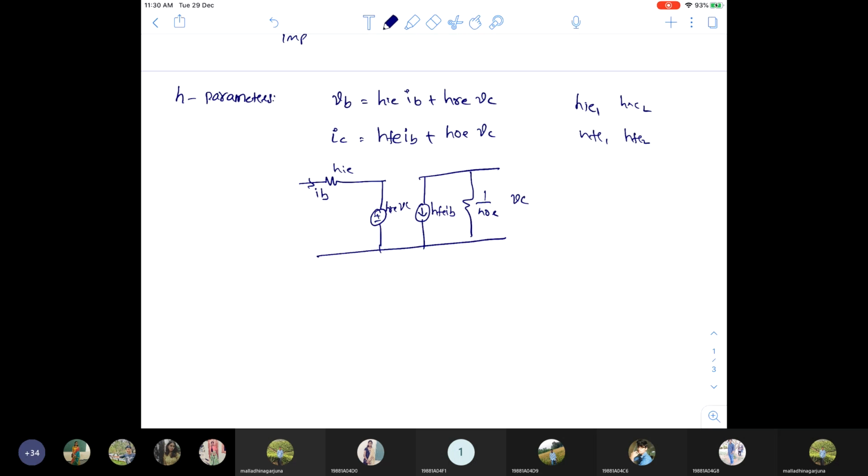Now let us draw the H parameter model for the two-stage RC coupled amplifier.